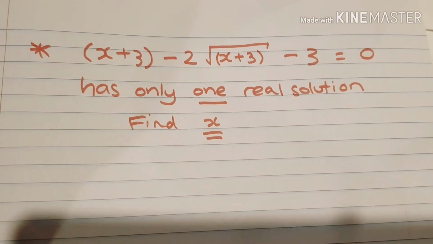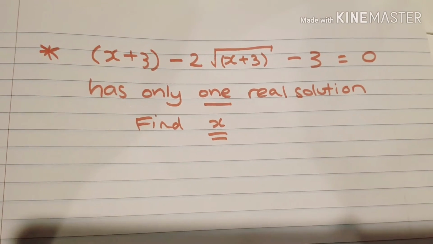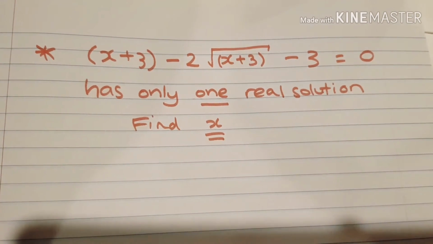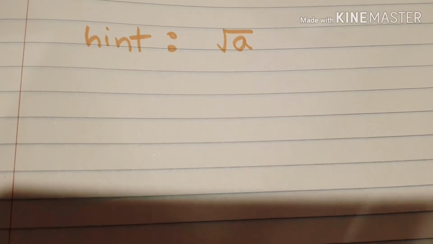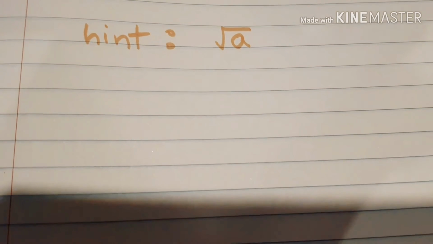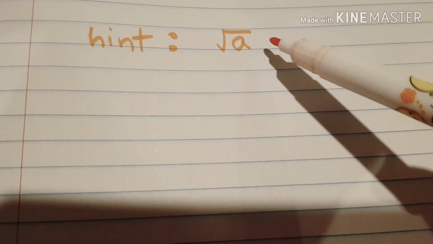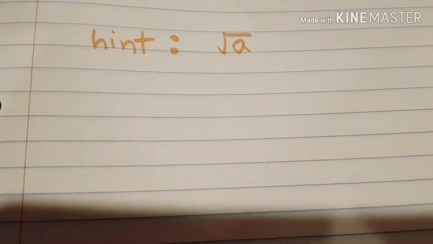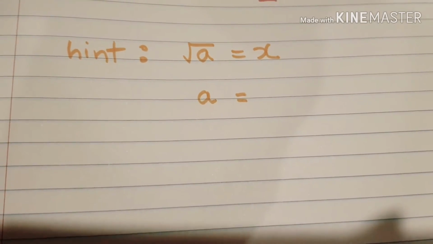Now let's have a look at it. This is too hard to solve. Can we use the substitution method to make it simpler? Let's go back to easier algebra. If I have square root of a, and I'm going to let this be x, what would be my a?